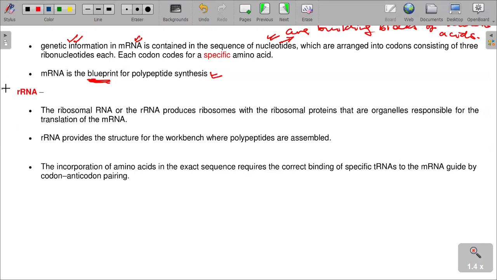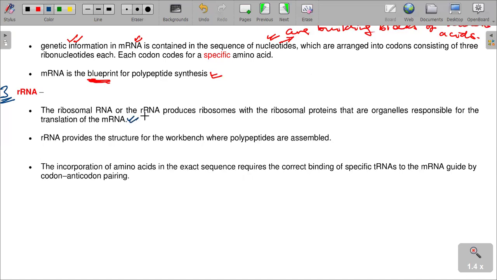Number three, the ribosomal RNA. It produces ribosomes with the ribosomal proteins, which are organelles responsible for translation of the mRNA.